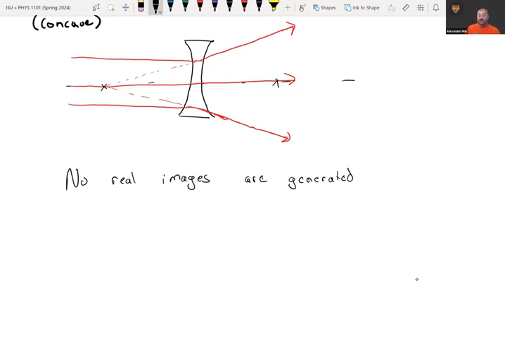You can use it in a lens setup that can project an image, but you ultimately need a converging lens to project an image. But you can create virtual images, and many eyeglasses use this kind of lens, because way more people have myopia or nearsightedness than farsightedness, and this is the lens you use to correct for that. The virtual images they project can be quite useful.